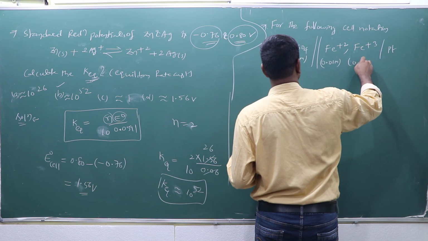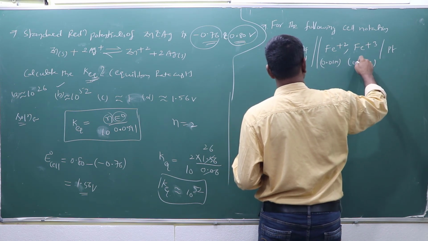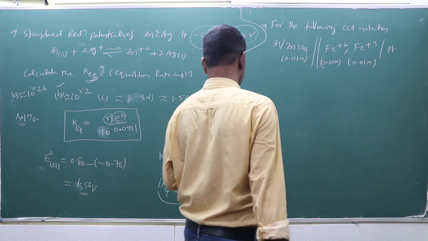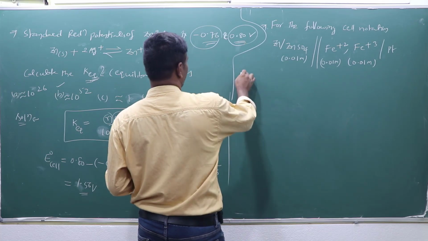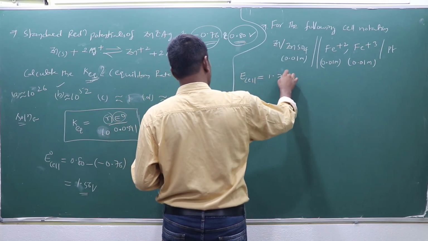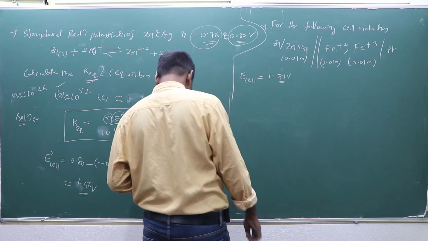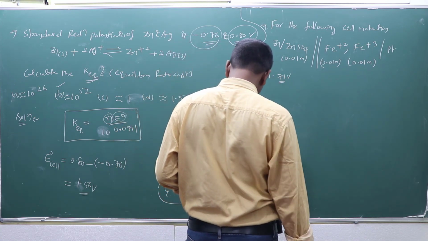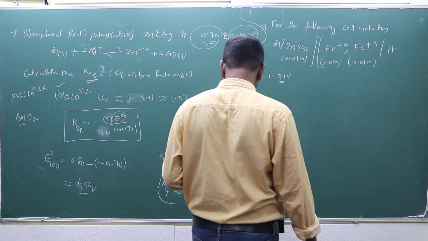So this is 0.01 molar and this is also 0.01 molar. And for this cell, E cell is equal to 1.71 volt.